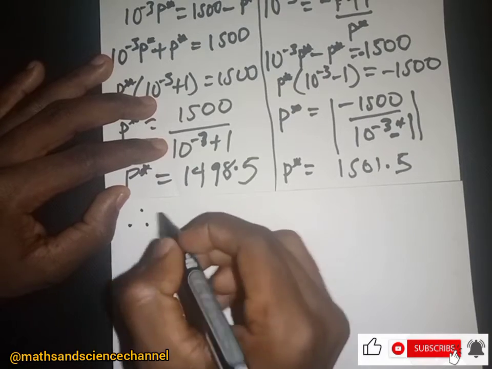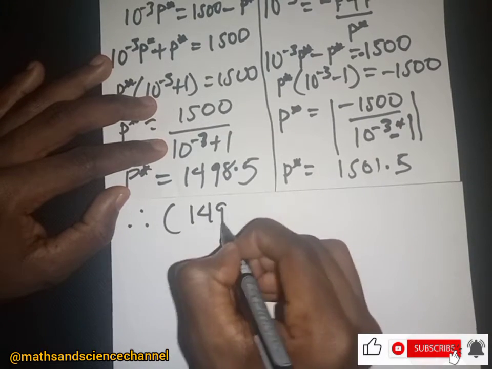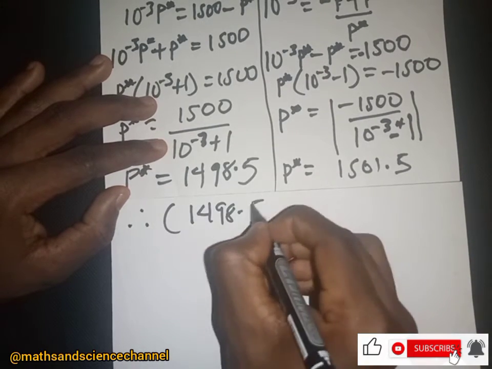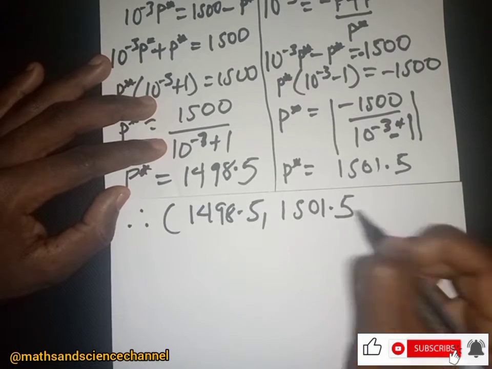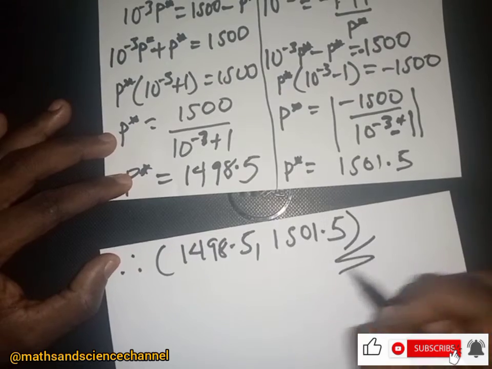Our interval values will therefore be 1498.5 and also 1501.5. That is for A.